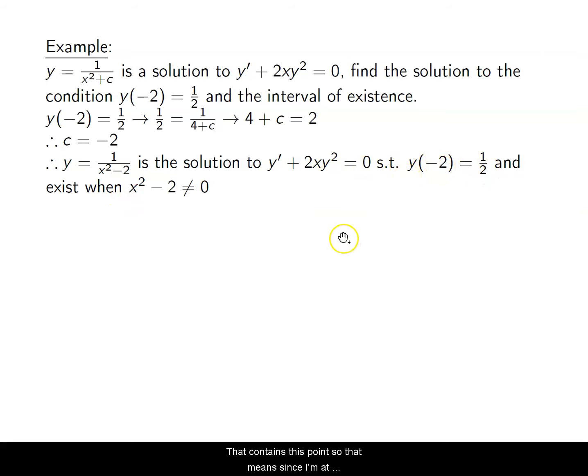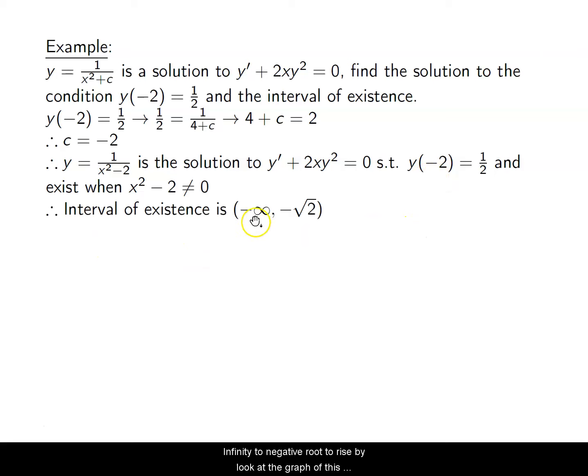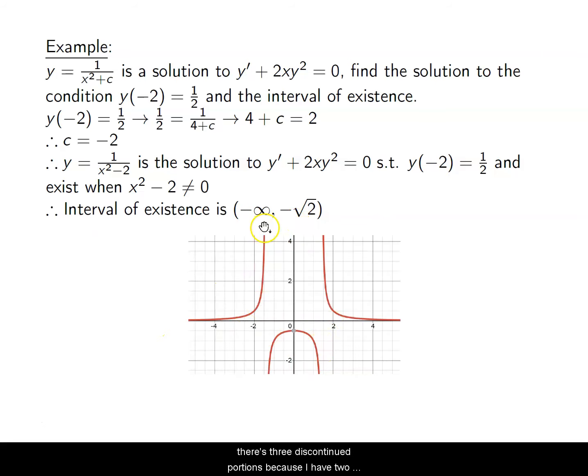Since I'm at -2, my interval of existence is from -infinity to -√2, right? If I look at the graph of this, there are 3 discontinuous portions because I have 2 vertical asymptotes. This left side is the part that contains this point. So this is the part where my interval of existence is.